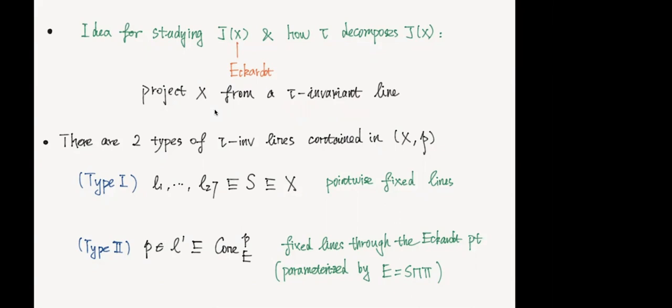The first thing we have to do is to classify invariant lines in the Eckardt cubic threefold. It turns out that there are two types of invariant lines. There are 27 lines contained in the cubic surface, and then there is a pencil of lines passing through the Eckardt point, parameterized by this elliptic curve contained in the cone.